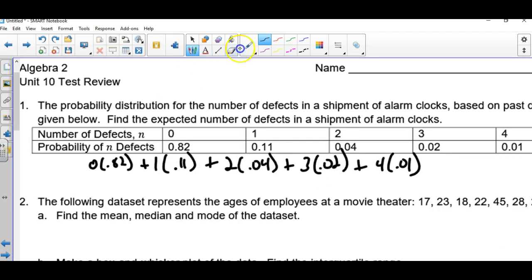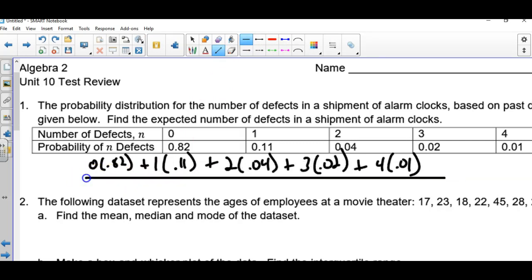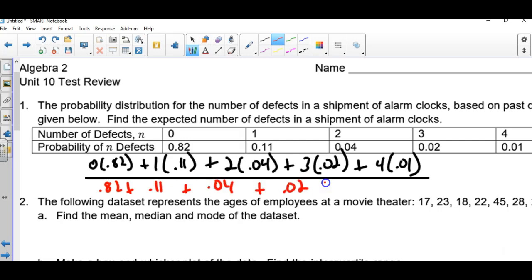And then here at the bottom, I'm going to add up all the probabilities. So I have 0.82 plus 0.11 plus 0.04 plus 0.02 plus 0.01.